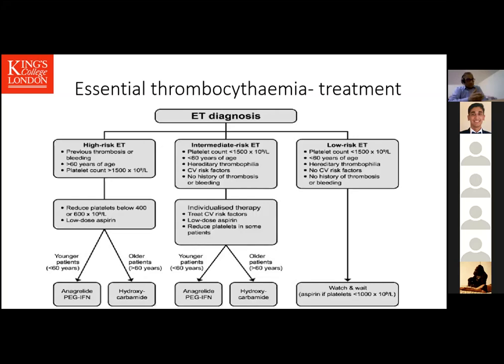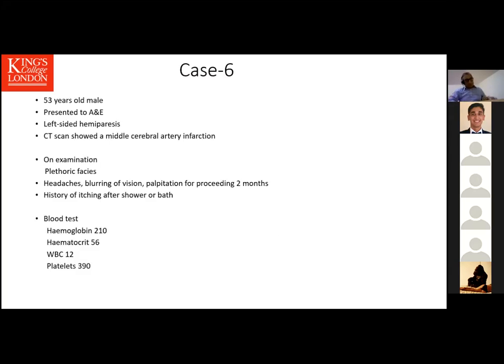In these kinds of patients, if the patient is above 60, you give hydroxycarbamide, and if less than 60, then you give interferon. If there's low-risk disease where you have got none of these, and the platelet count is less than 1500, you just watch and wait, and you might give some anti-platelet drug, aspirin, if the platelet count is high. So this is how we treat ET.